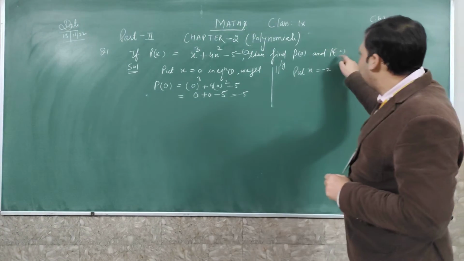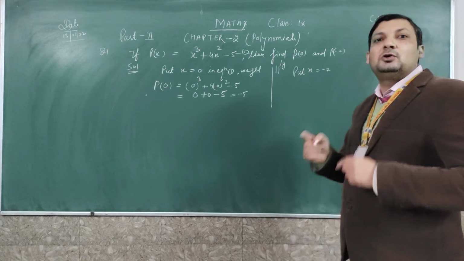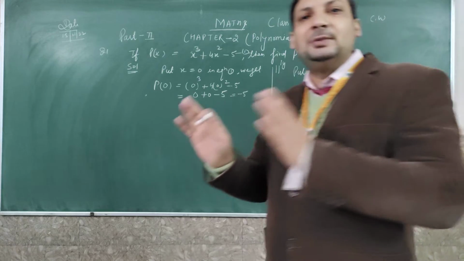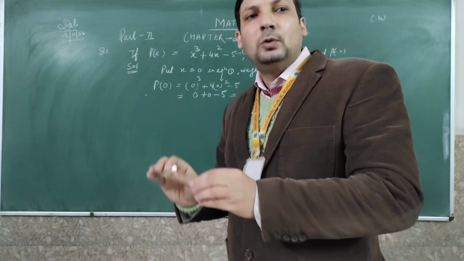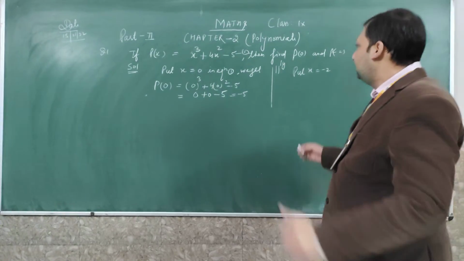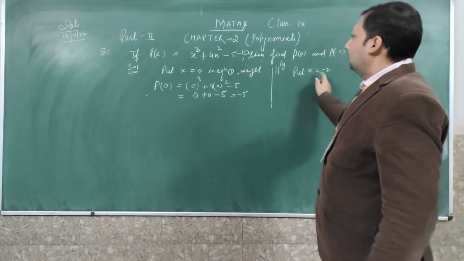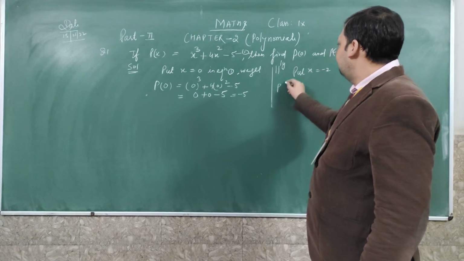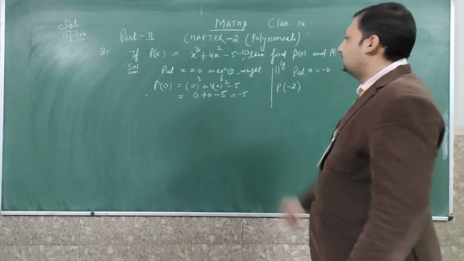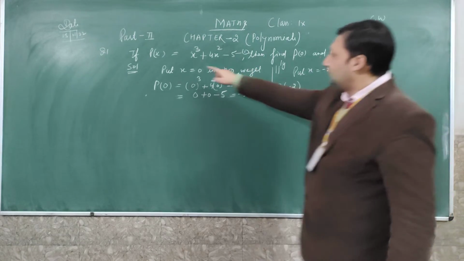Because we have to find p(minus 2). It means whenever a question is asked, only the value of x, the variable given in the polynomial, will change. I hope you have understood. Now we will put x equal to minus 2 in the place of x. So x is exchanged with minus 2, in the same question.